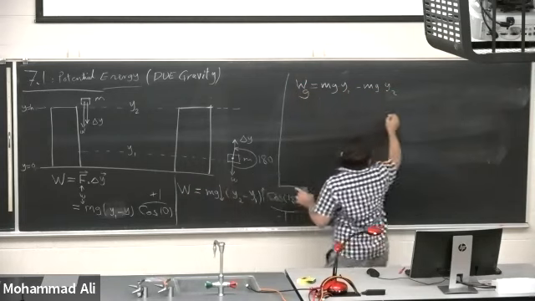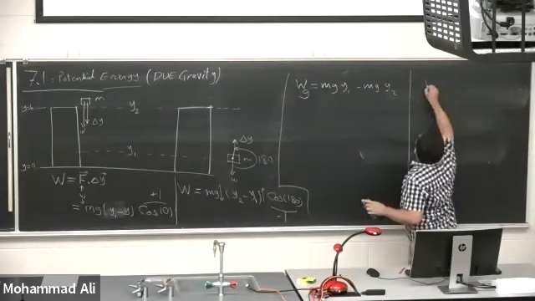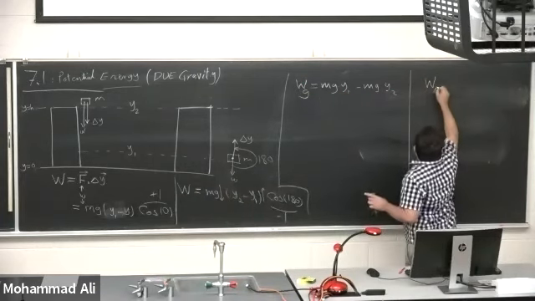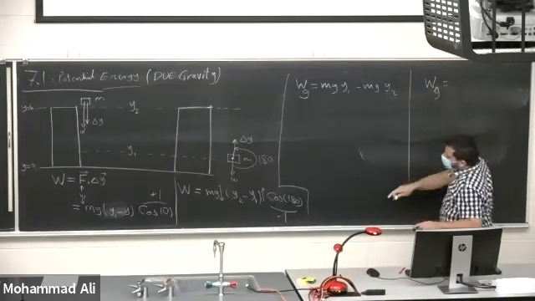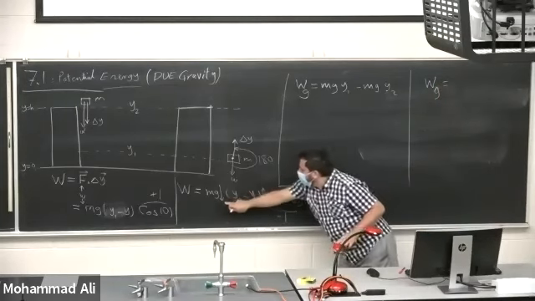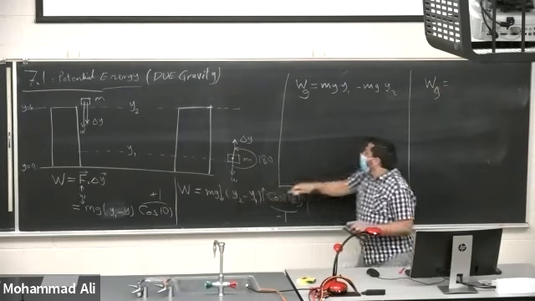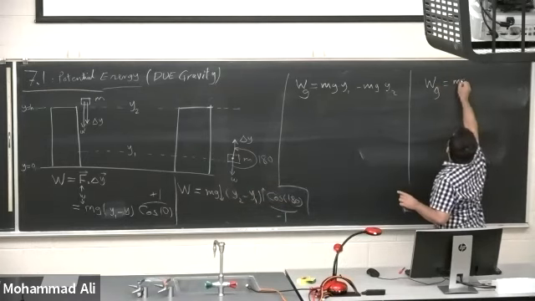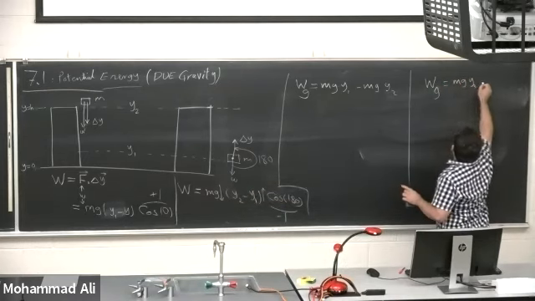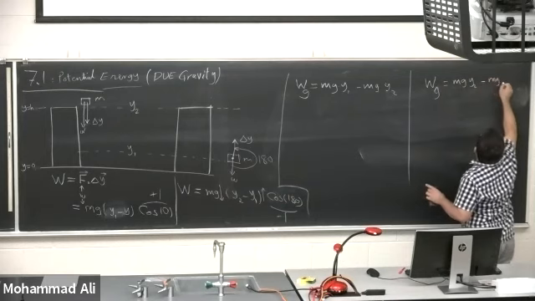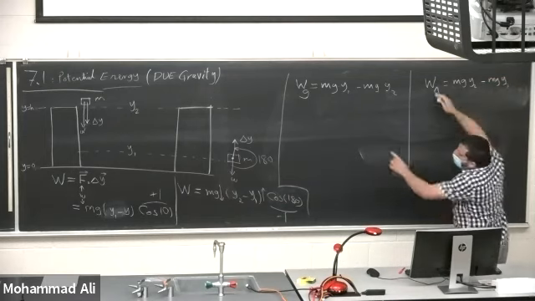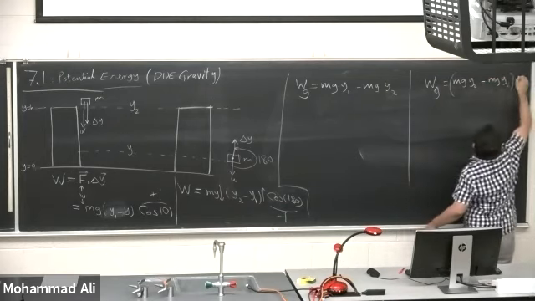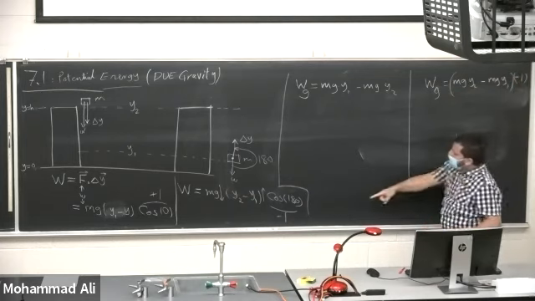In the second case, the work is equal to mg y2 minus mg y1, all of them multiplied by minus 1, right?